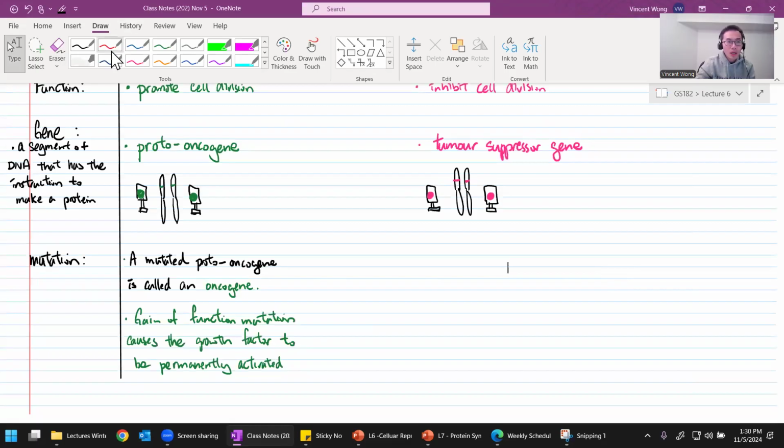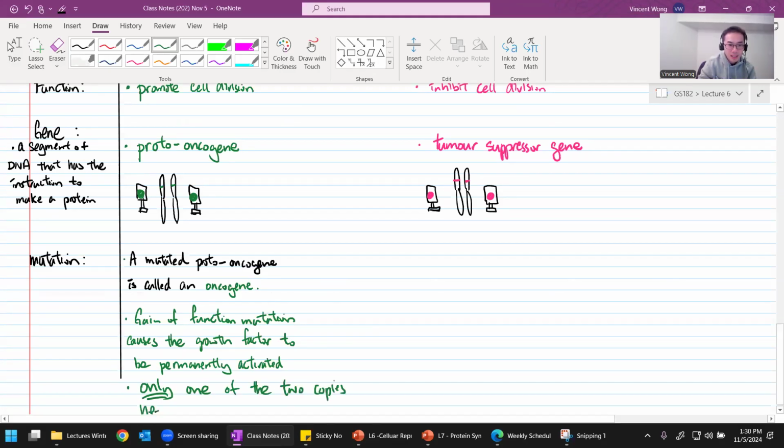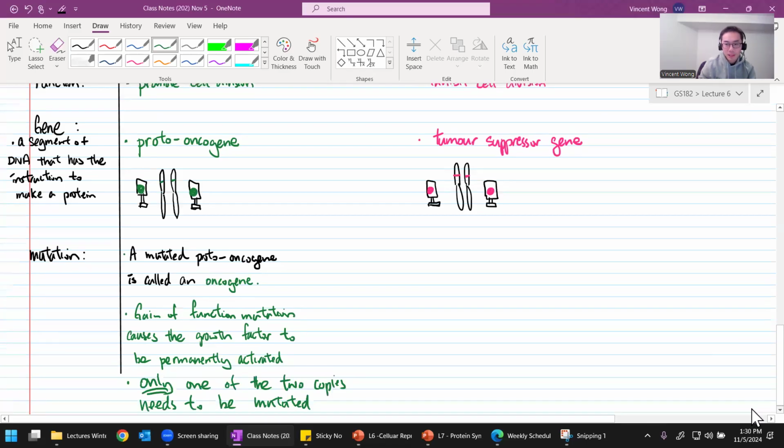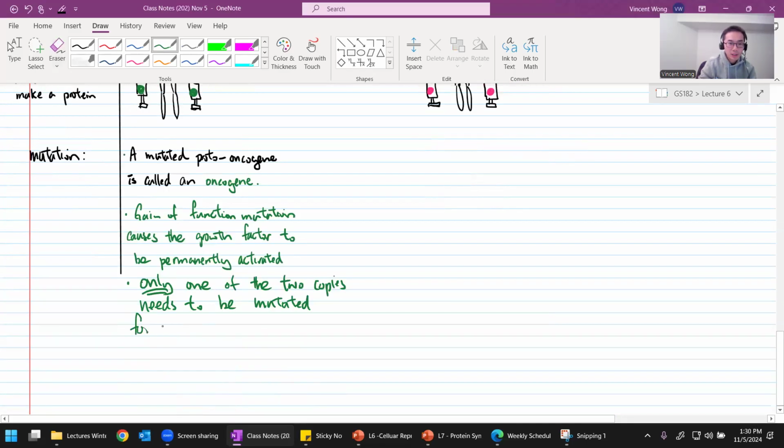Okay, so over here, just one more thing to add. You saw in my little demonstration that only one of the two copies needs to be mutated for it to cause a problem.